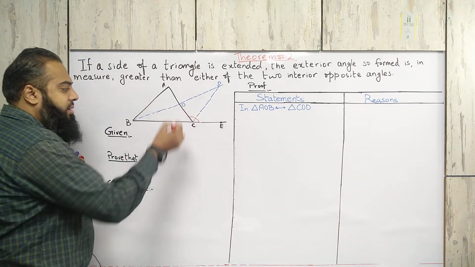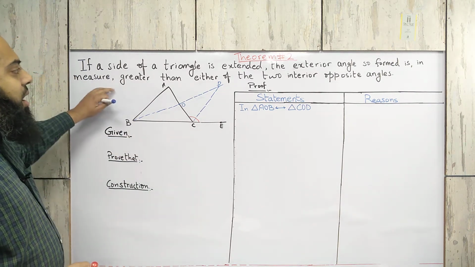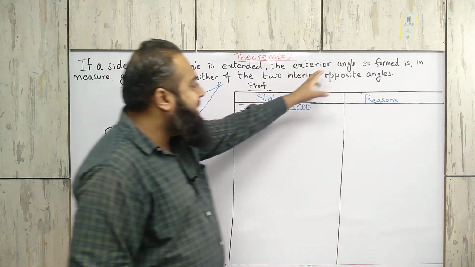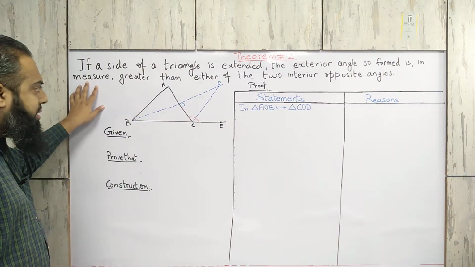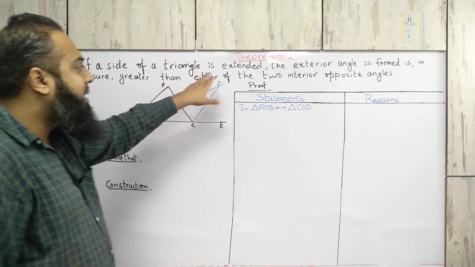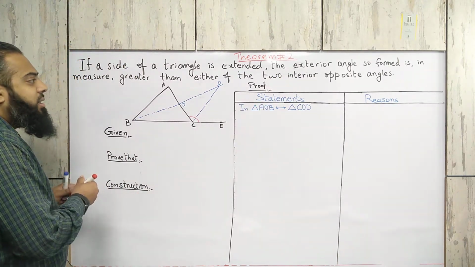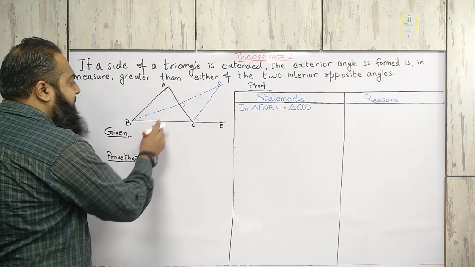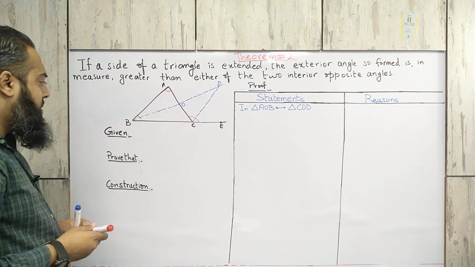And as we have the exterior angle, according to the objective of the theorem, the exterior angle so formed is in measure greater than either of the two interior opposite angles. Now what are those angles, sir? Interior opposite angles in this figure are angle A and angle B.